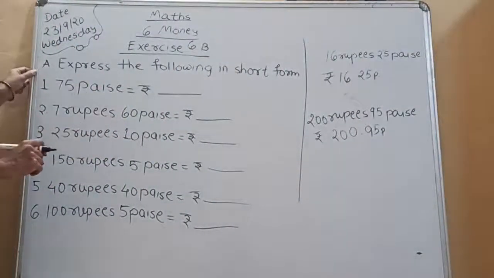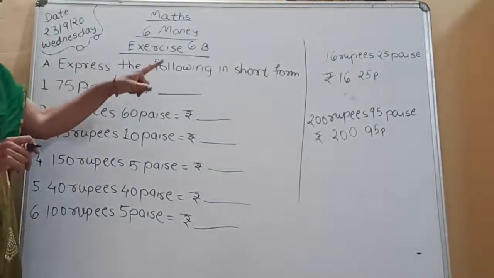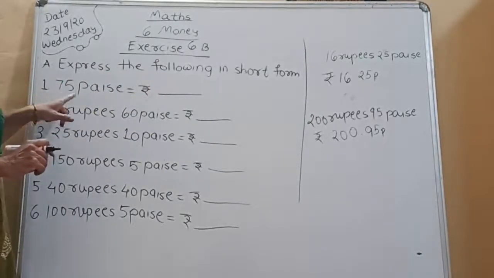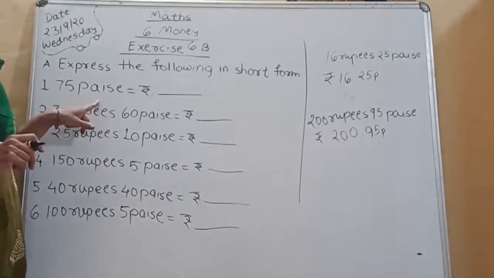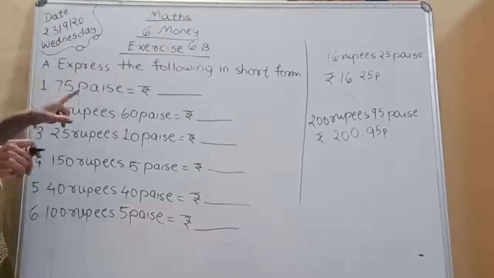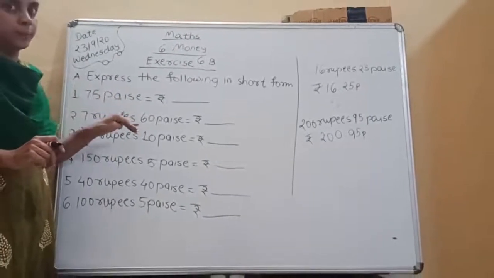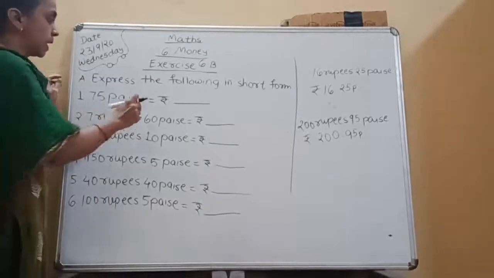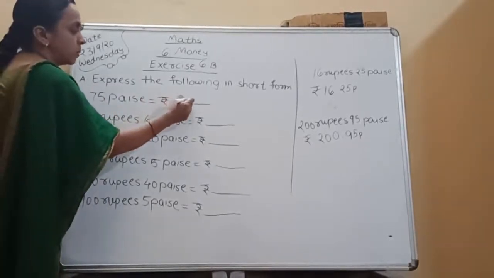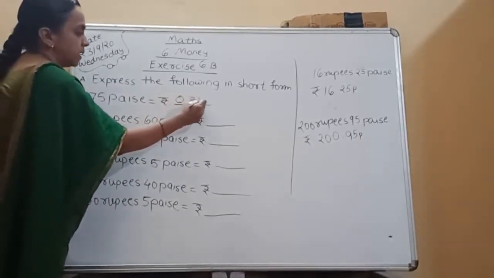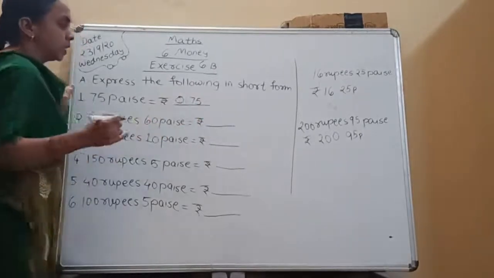The question is: express the following in short form. See, 75 paise. In short form means like that only. Only paise is given here, not rupees. So we have to write 0.75.